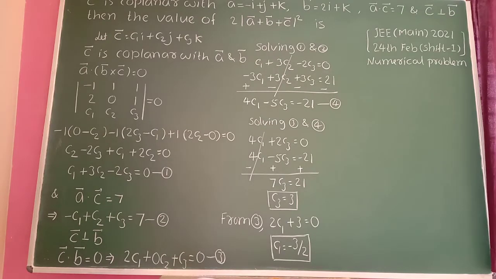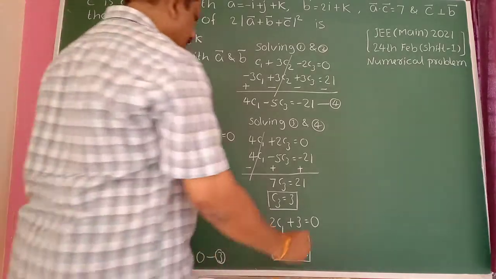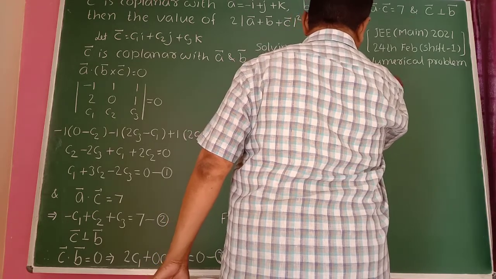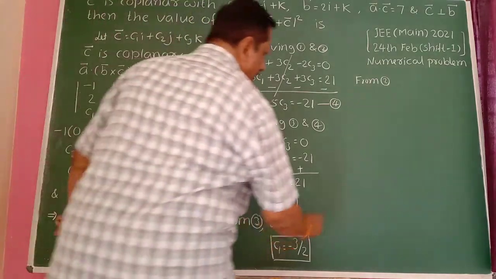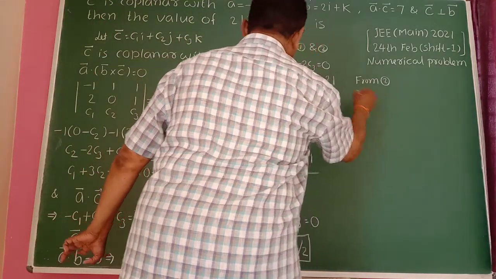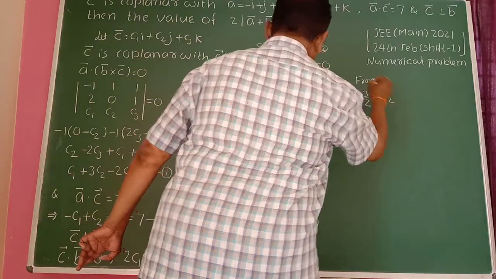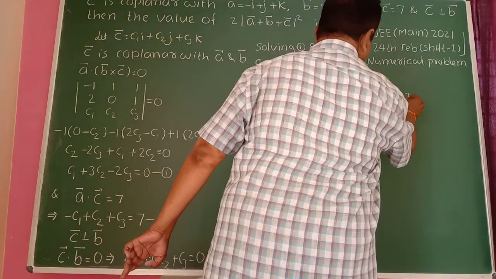Next we want C2 also. Therefore substitute C1 and C3 in equation 2. C1 is minus 3 by 2, so minus minus becomes plus 3 by 2, then plus C2, then C3 value is 3, plus 3 is equal to 7.